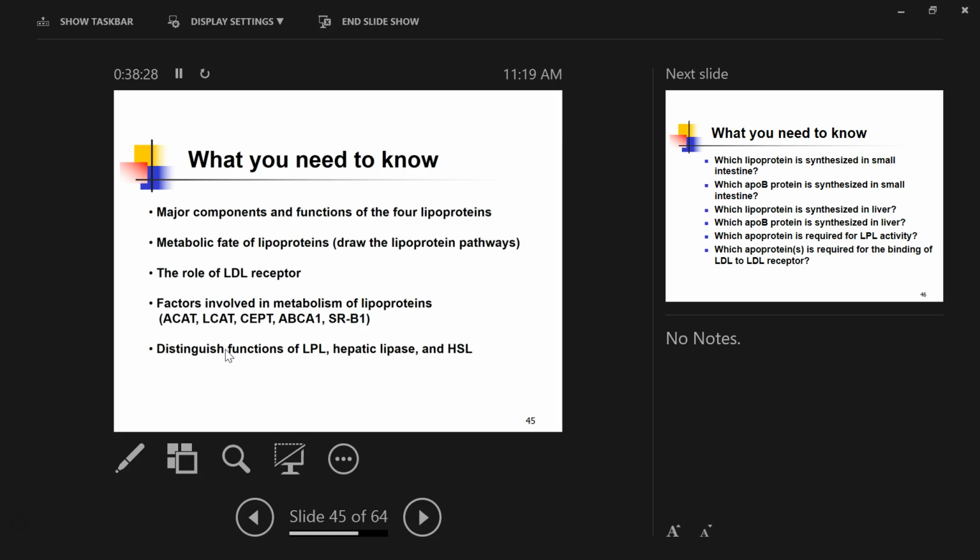LPL is basically located in both adipose tissue and muscle, right? And hepatic lipase, by the name, you know that it's specifically located in the liver. And HSL is also primarily located in the adipose tissue, but also muscle cells, some cells with triglyceride stored.